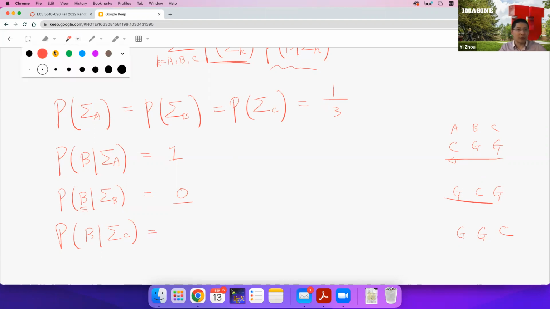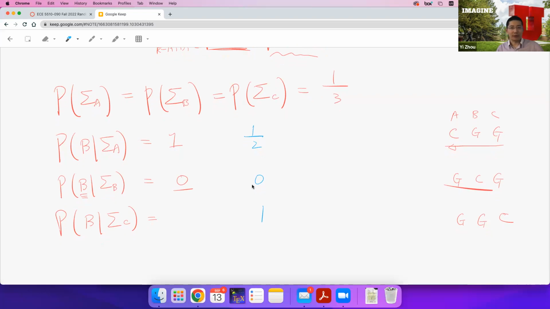On my notes it says 1/2, 0, and 1, but I don't see why. The second one makes sense to me, but the first and last one do not make sense to me.